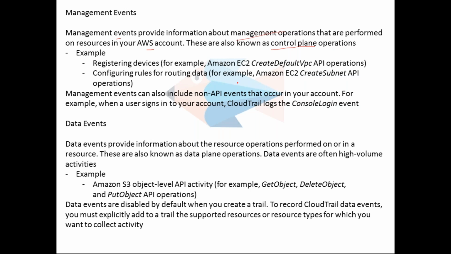Management events can also include non-API events that occur in your AWS account. For example, when a user signs into your account, CloudTrail logs the console login event also. So creating an EC2 instance, a VPC, or a subnet are all management events.